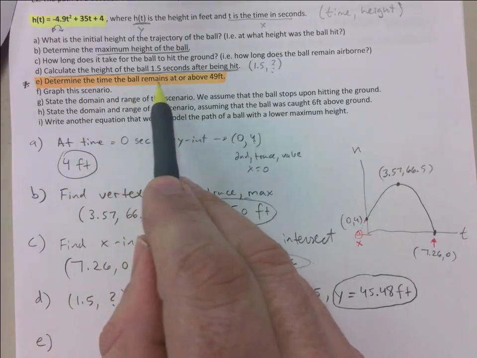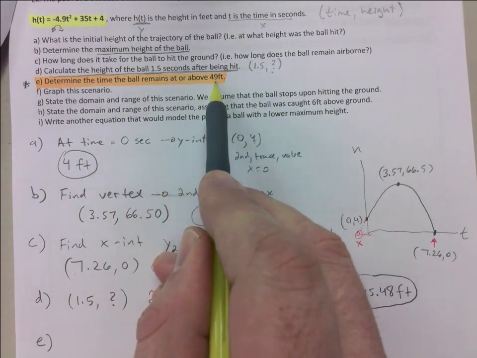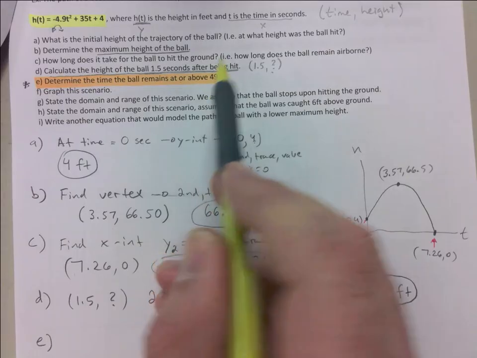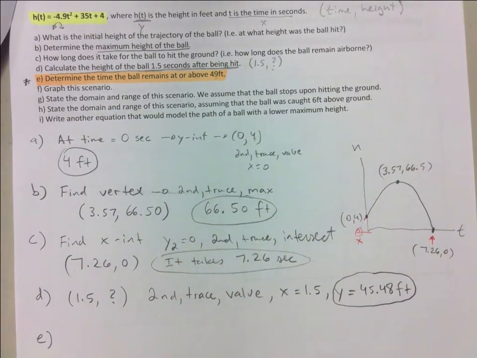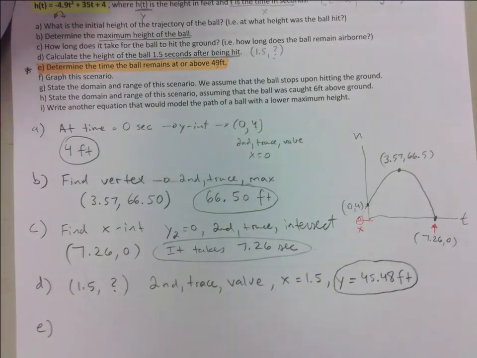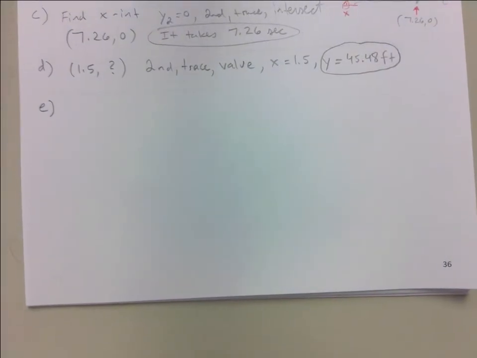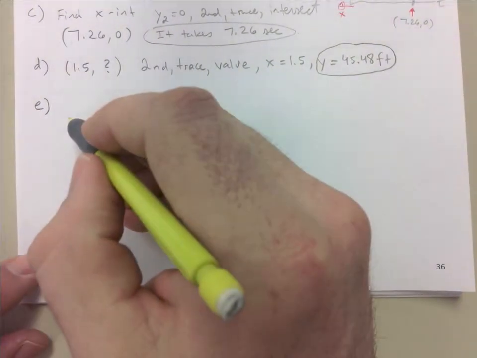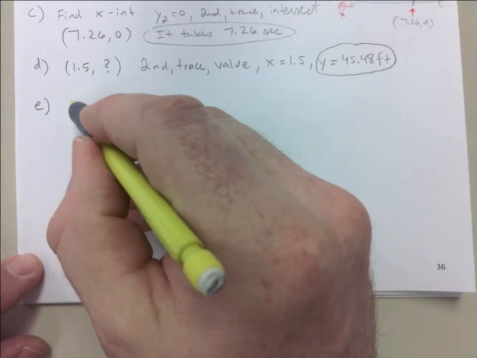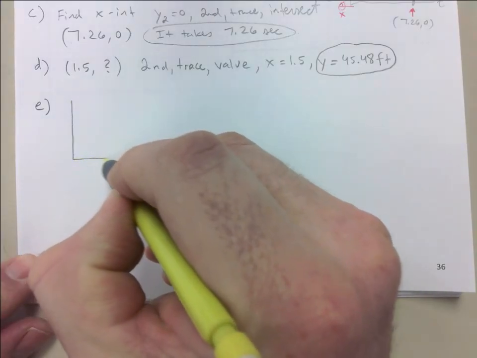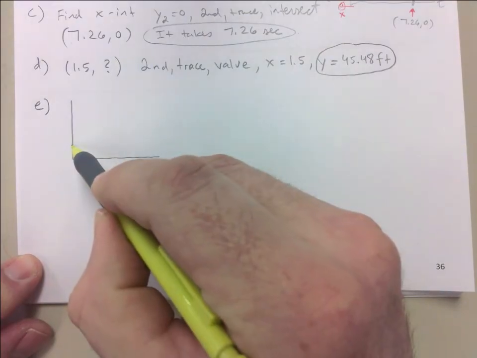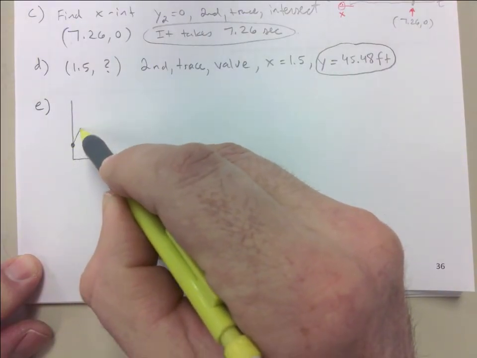Determine the time the ball remains at or above 49 feet. Let's go look at it in E. I'm going to make my go down with the camera here. And I'm going to ask you to sketch this one more time. We're starting at 4. We go up.